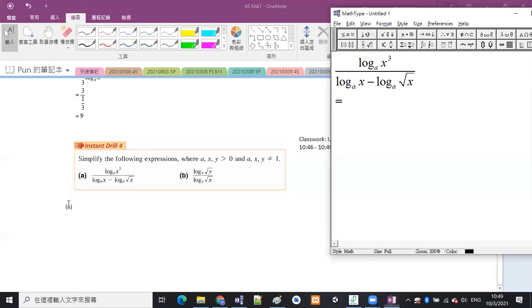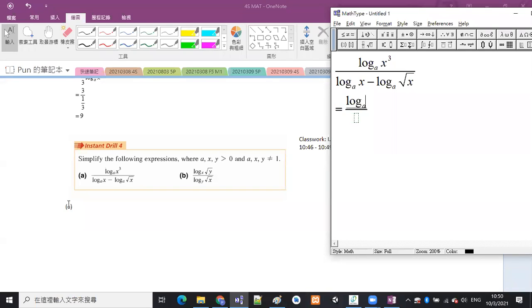Okay, let's check the answers. So we have log x cube base a on the top, and then log x base a minus log square root x base a on bottom. First, I don't like square root. Okay, so I will change the square root to be power 1/2 first.